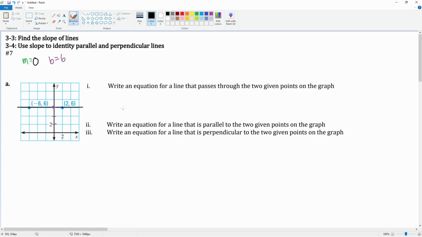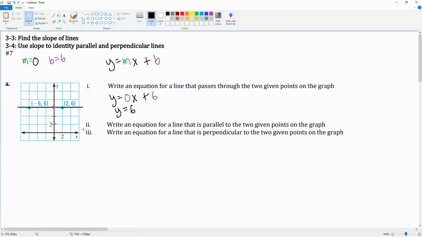If we write the equation, y equals m, which is the slope, times x, the variable, plus b, which is the y-intercept. So y is equal to, the slope is 0, x plus the y-intercept, which is 6. No one writes the 0x, so it would just be y is equal to 6.